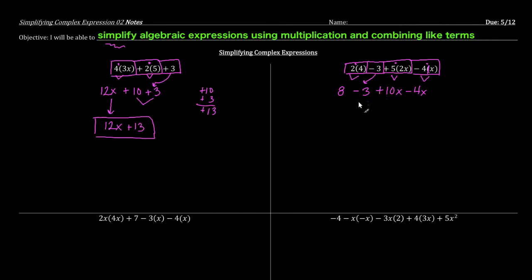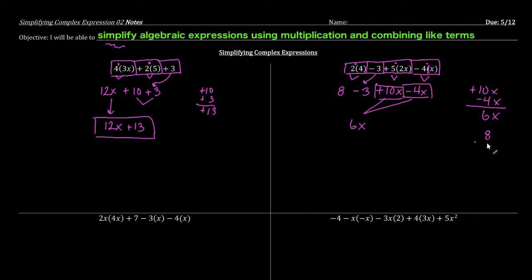Next, we will combine like terms. So let's look for the x terms first. X term here, and an x term here. Positive 10x minus 4x. 10 minus 4 is 6x. Now we have an 8 and a minus 3.